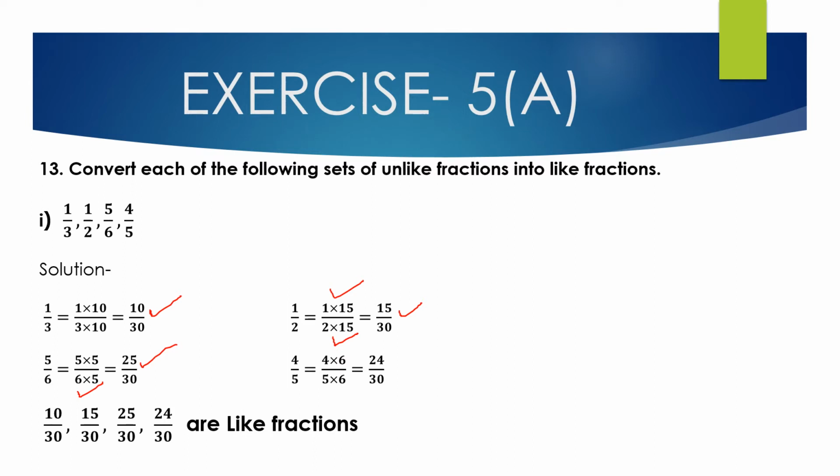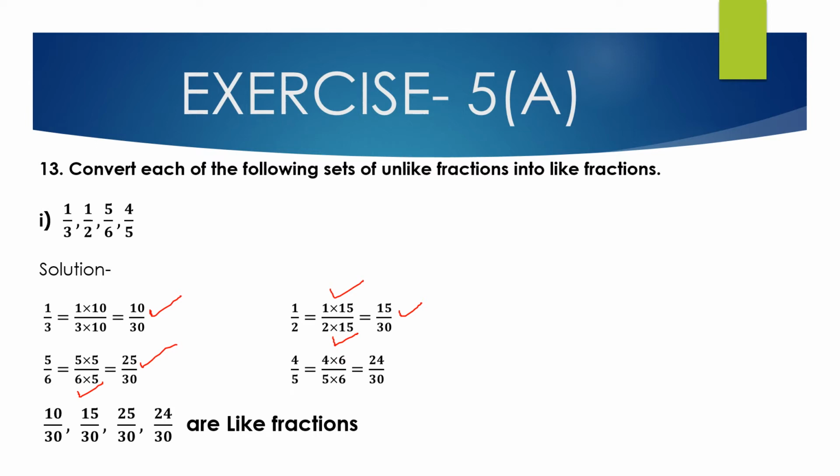Now 4 divided by 5, and we have to equate the denominator 5 to the LCM 30 by multiplying the numerator and denominator with 6. As we know, 5 multiplied with 6 is 30.